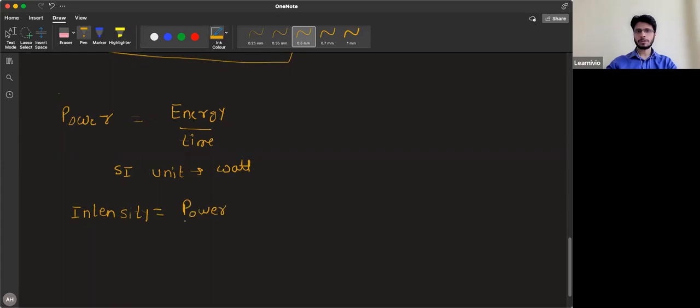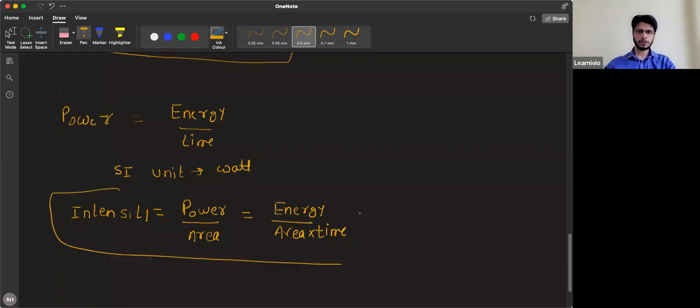So intensity is power divided by area, so intensity is power, which is energy per unit time, per unit area. So this is intensity, energy per unit area per unit time. The unit of intensity is watt per square meter.